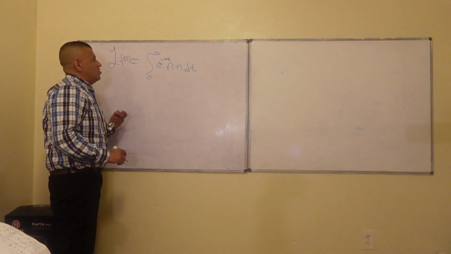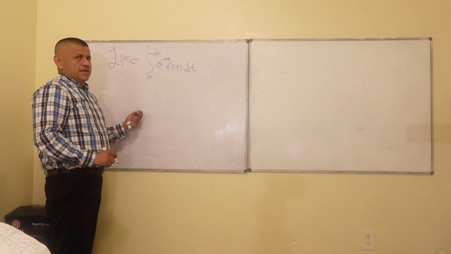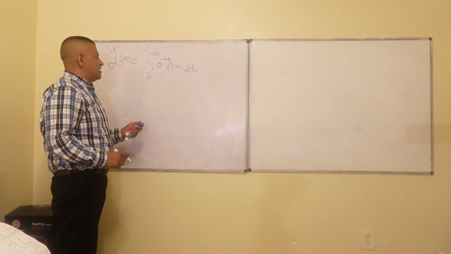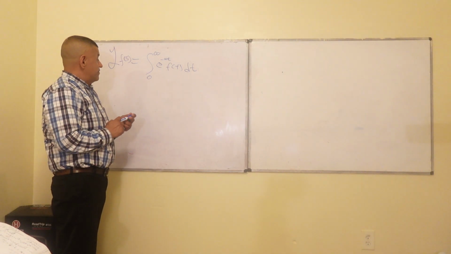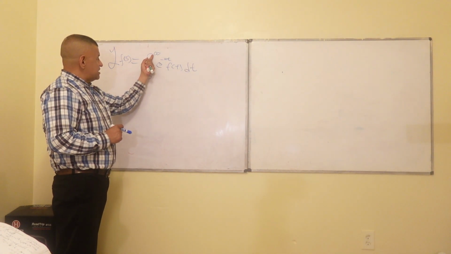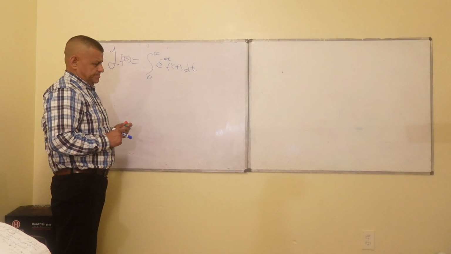Now let's do a quick analysis here. At t equal to 0, the exponential goes to 1, but as t goes to infinity, it goes to 0.